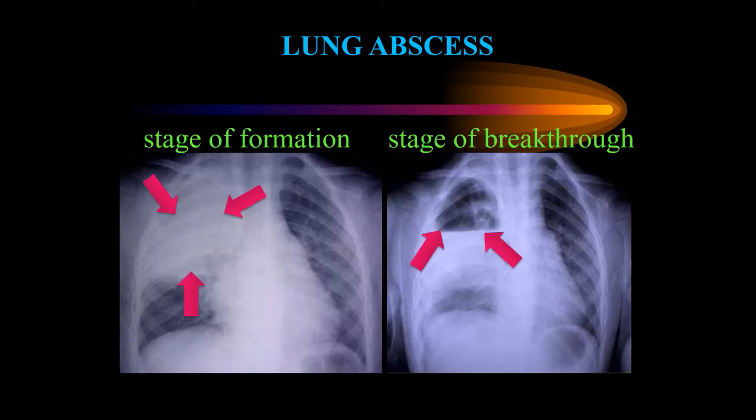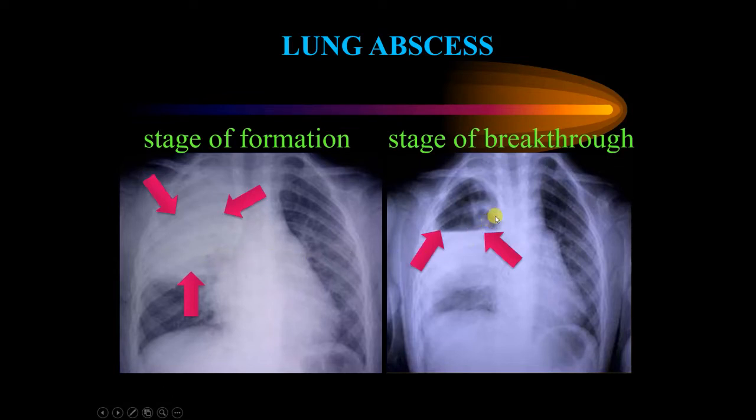To prove your diagnosis, you have to prescribe an X-ray examination. There, in case of a lung abscess, you can see a big infiltrating shadow, sometimes without a clear border. It is the stage of the formation of the abscess.